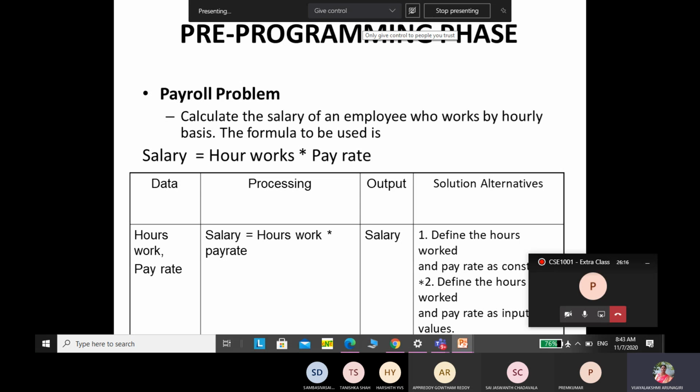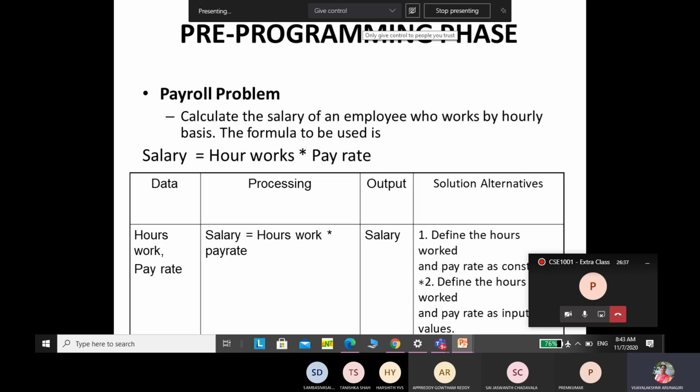Let me go with an example. Here I have taken one simple problem called a payroll problem. Payroll is nothing but calculating the salary of an employee. When an employee works on an hourly basis, how do I calculate the salary?